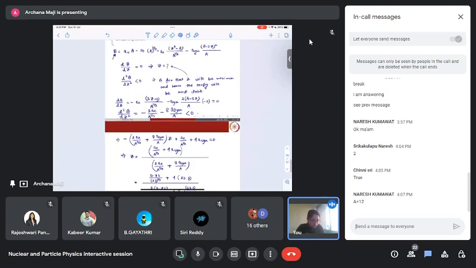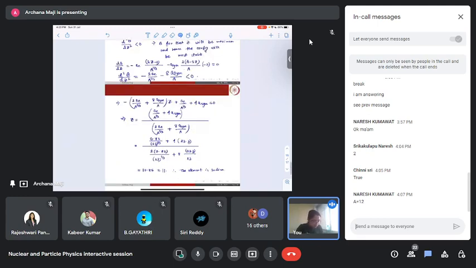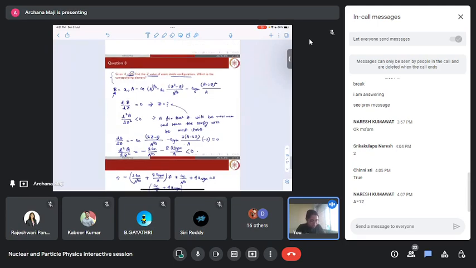If you equate dB/dZ to 0, Z comes out to be 11, so that means the element is sodium. For A equal to 23, the Z value is 11, so the element is sodium. Fine.